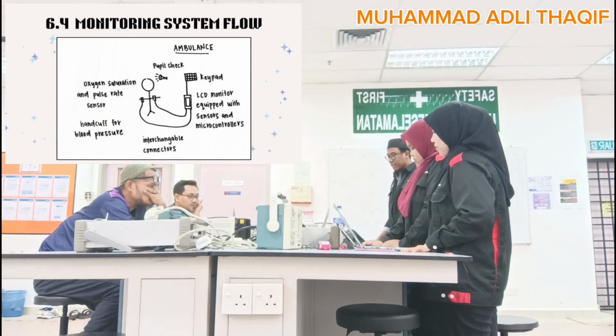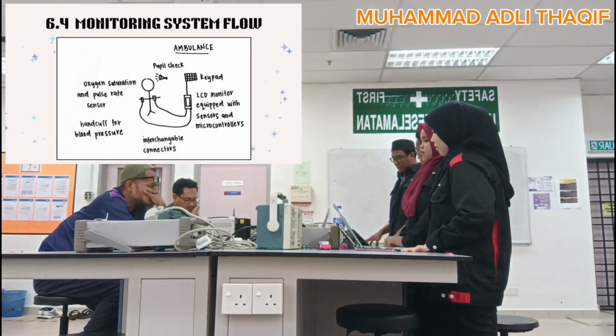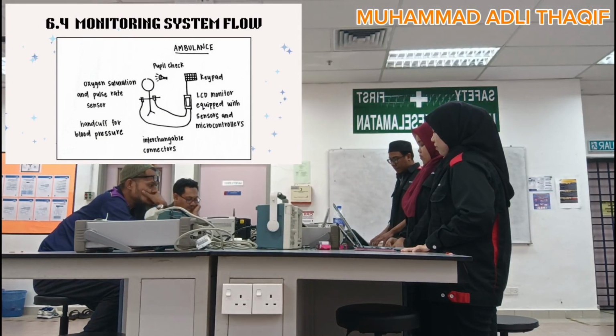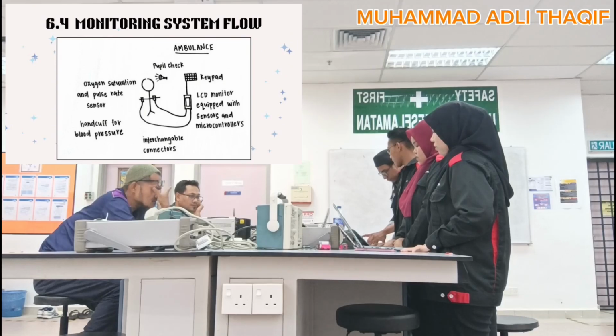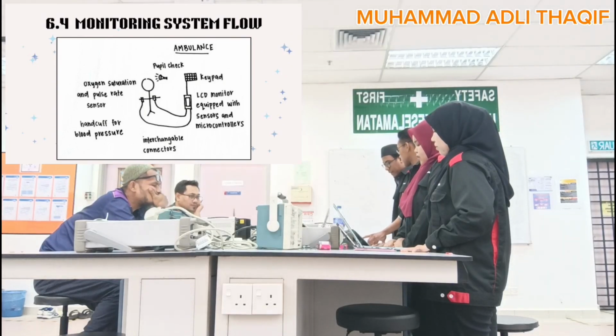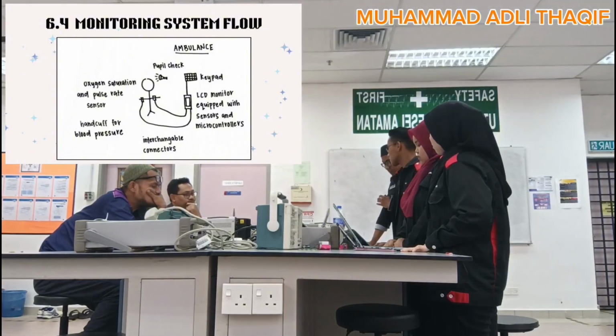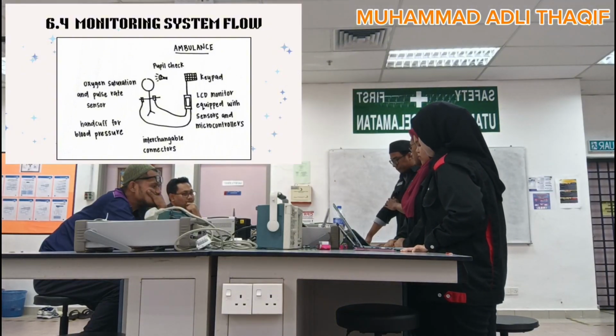Let's say they are a student and teacher. The UK will place the student in the ambulance, and the medical assistant will put the oxygen saturation and pulse sensor on one arm, let's say the right arm, and the cuff for blood pressure on the other arm, let's say the left arm.